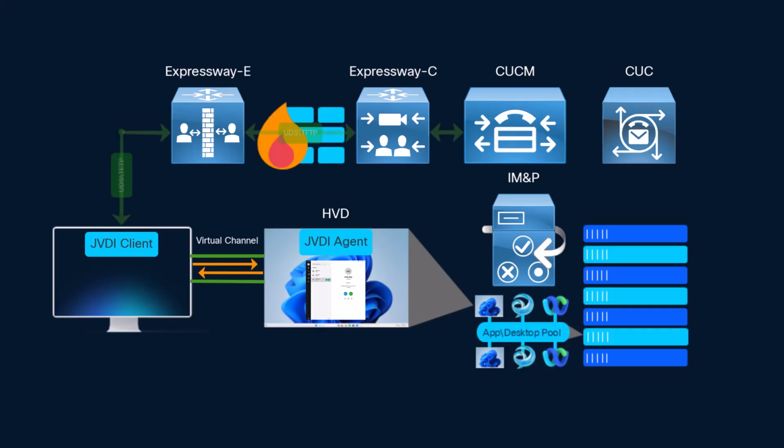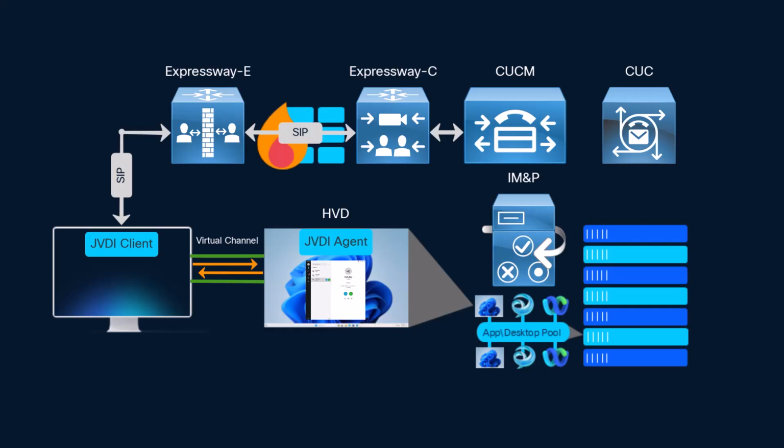Once service discovery is complete, the JVDI client retrieves the CSF device configuration, application dial rules, and directory lookup dial rules using CUCM TFTP requests via the Expressway. After retrieving the CSF device configuration, the JVDI client begins the CSF softphone registration process. In this scenario, the JVDI client performs the SIP registration process over MRA.